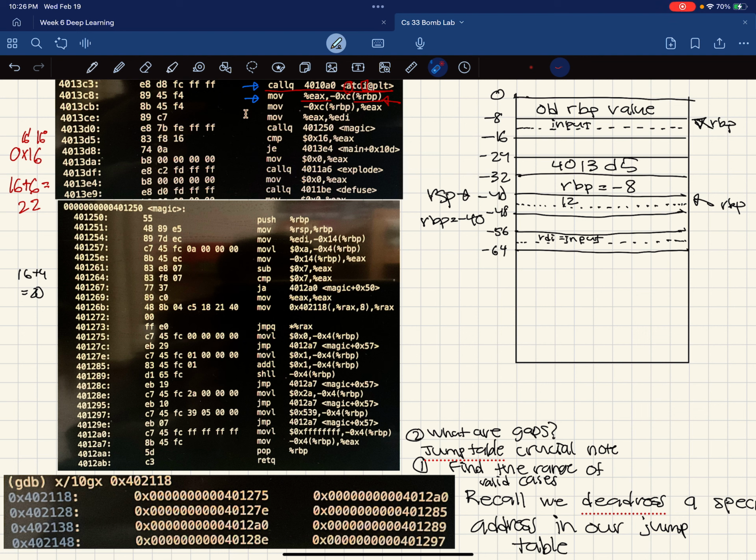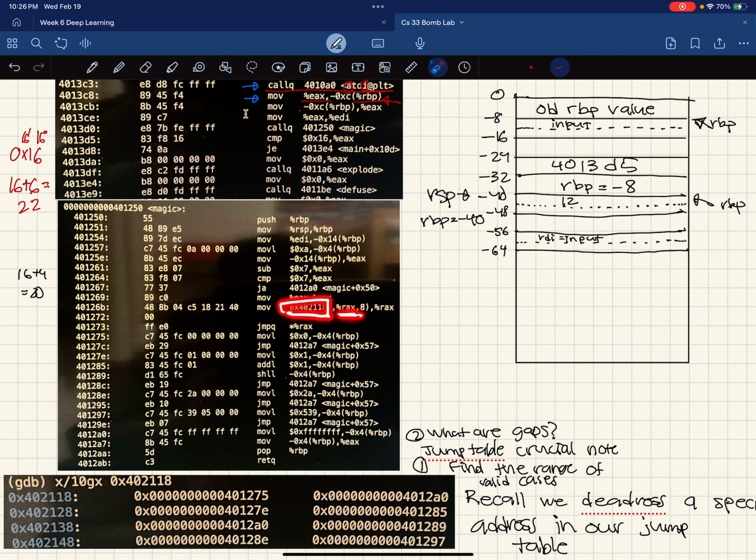So a jump table is basically you do something like this. This is the start of your jump table right here, and this is how you index into your jump table. Use the REX value, because it's REX times 8. Which means if it's 0 times 8, then obviously I'm looking at the first entry in my table.